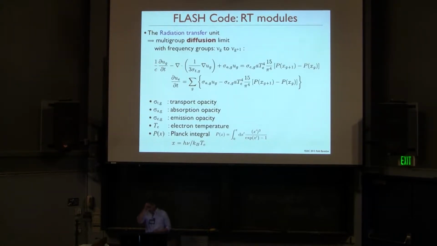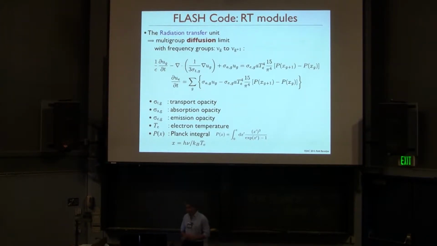So this is the equation they solve, a module providing the solution of a diffusion approximation of the radiation transfer equation, where you split this up into so-called groups of frequencies.